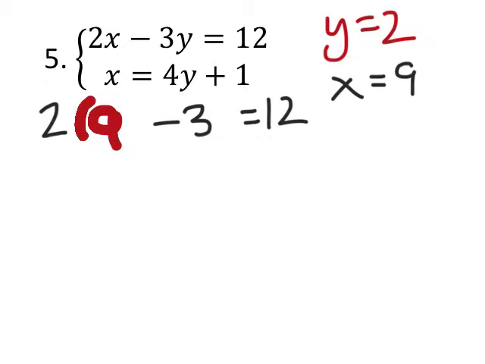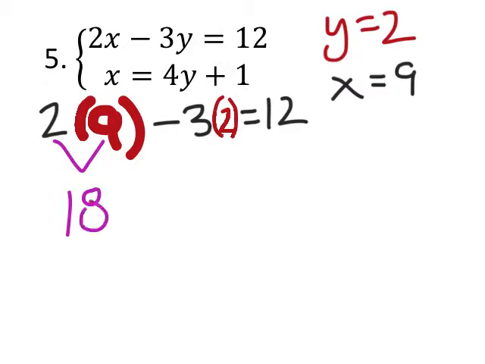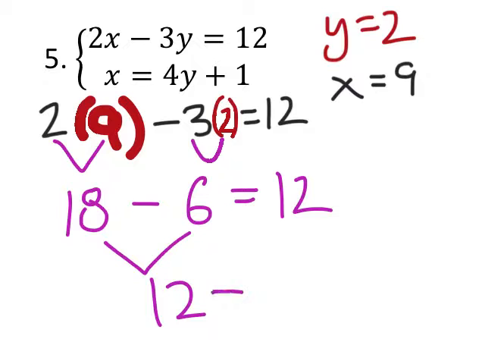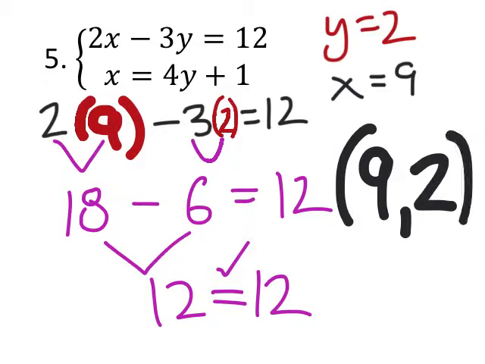So x here is 9, and y is 2. 2 times 9 is 18, minus 3 times 2 is 6. That should be 12. 18 minus 6 is 12. So this is a good solution, and we can write it as an ordered pair. 9, 2.